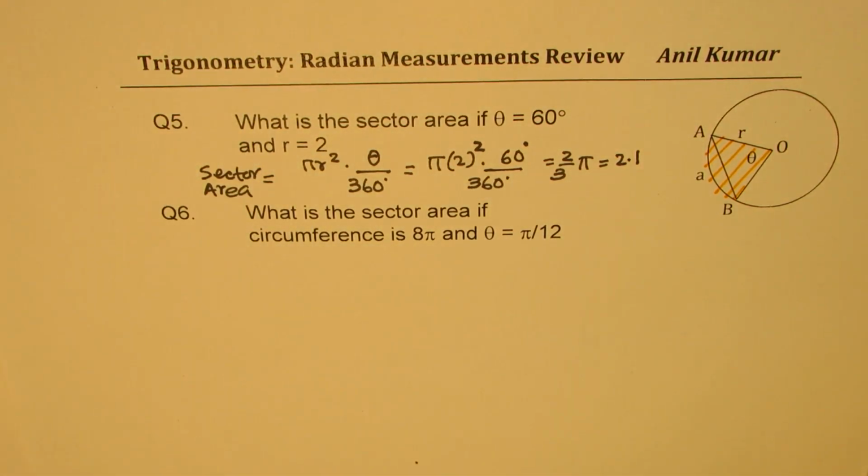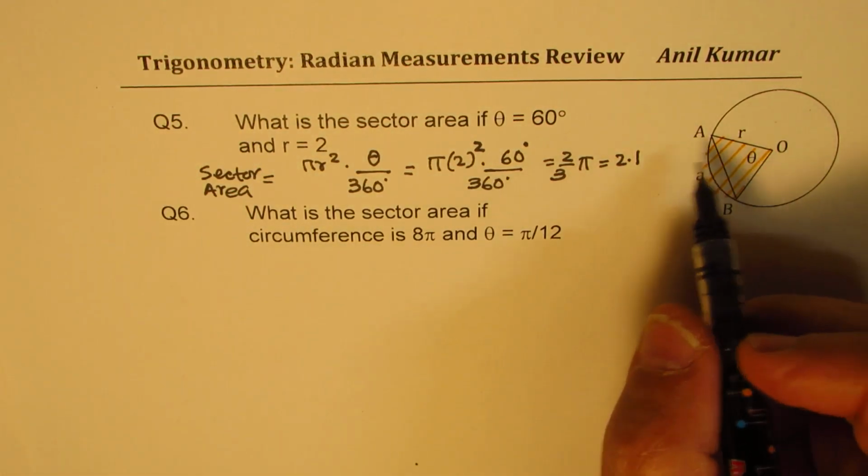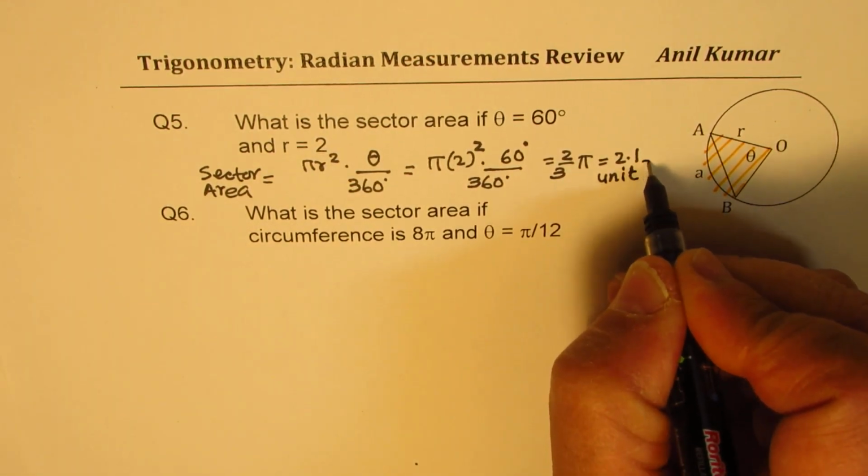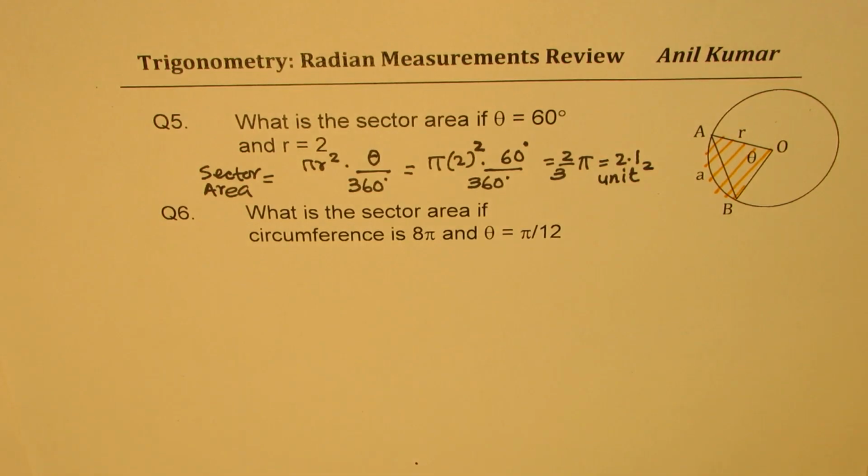The units will be in terms of units of radius. In this case we are not given any units, we'll say unit square since it is area. Perfect. So that is how you could find area of a sector.